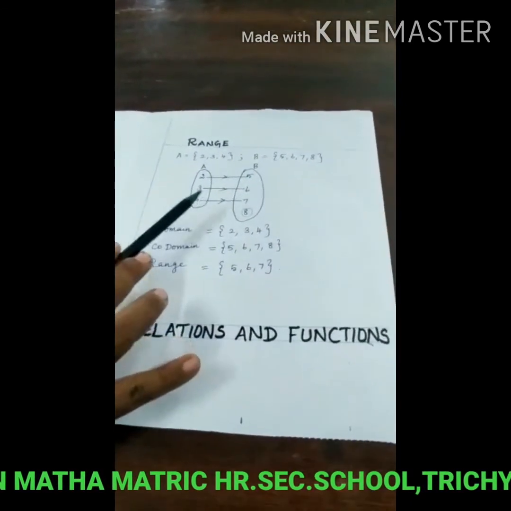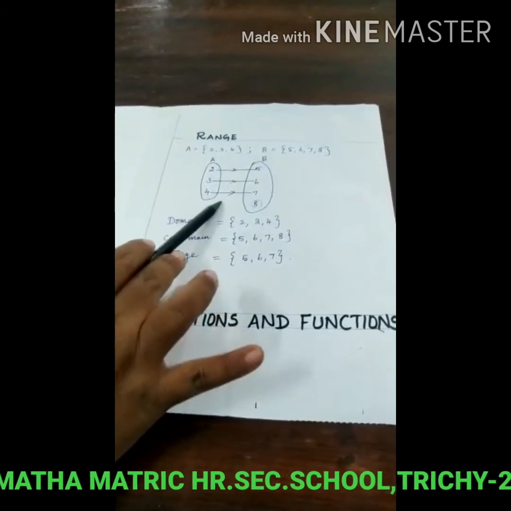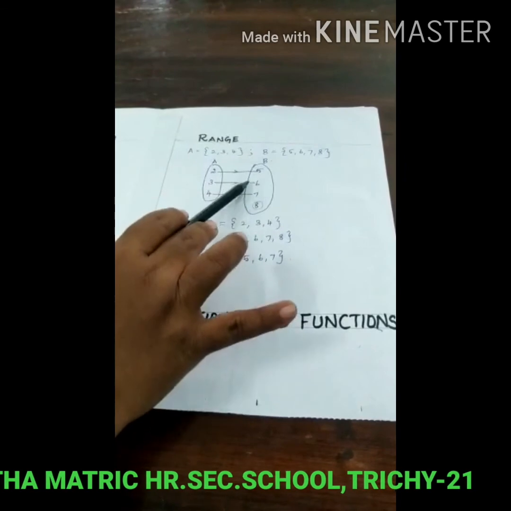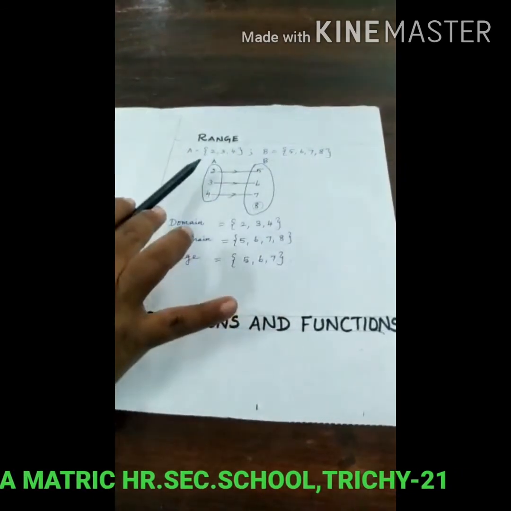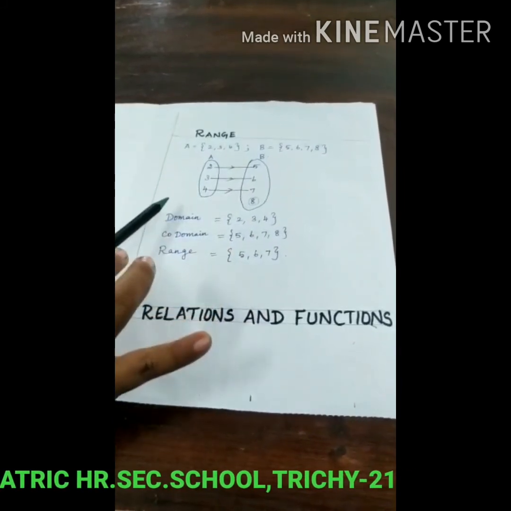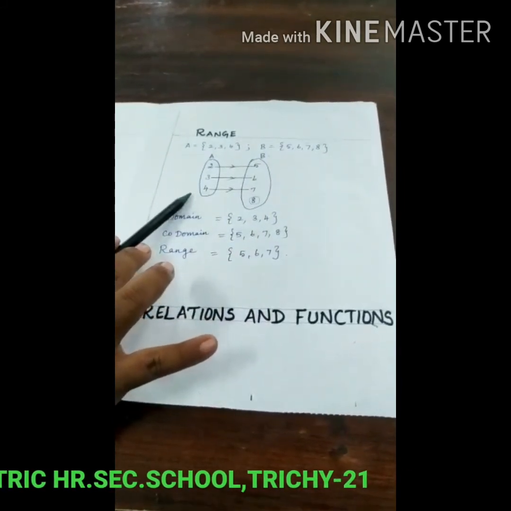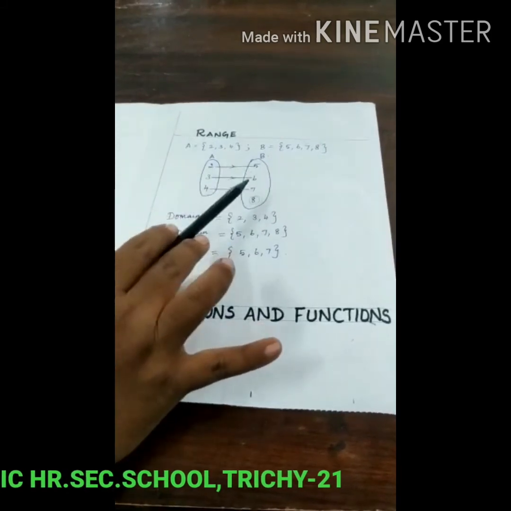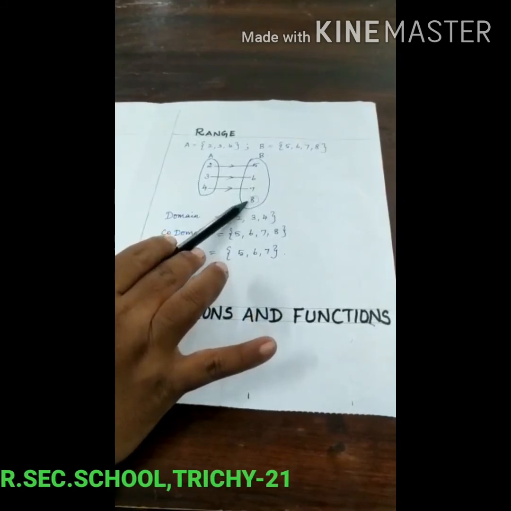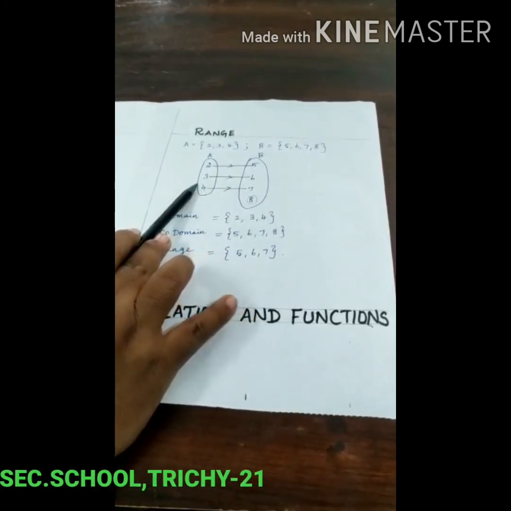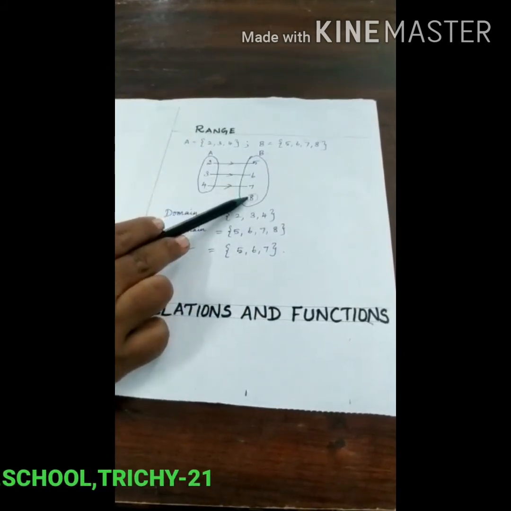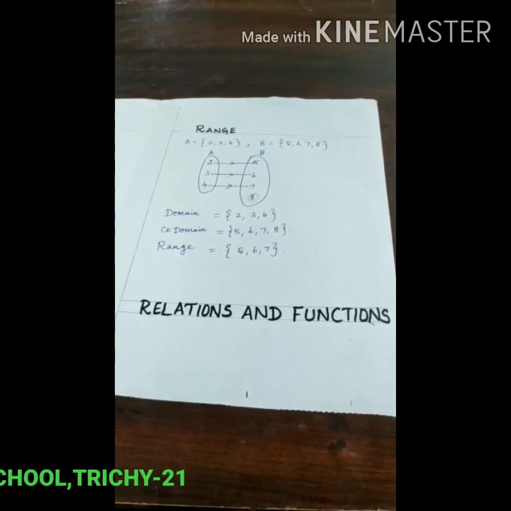In this arrow diagram, the 3 elements of A correspond to only 3 elements of B, that is 5, 6, 7, and these 5, 6, 7 are the images of elements in A. We have the pre-images in A. And 8 is not the image of any element in A. So 5, 6, 7 are the range from this arrow diagram.